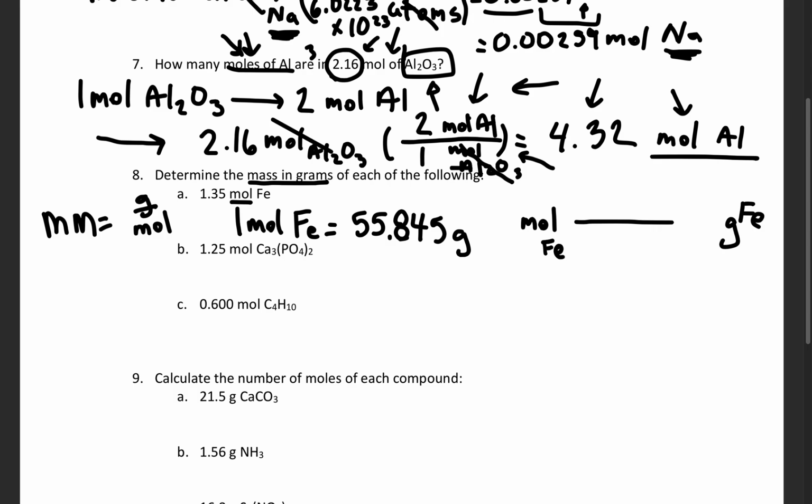We have a conversion factor, so we can go ahead and create that. We know that moles of iron is left, or goes away, and grams of iron is left, and we're going to walk the line, make sure these cancel out well.